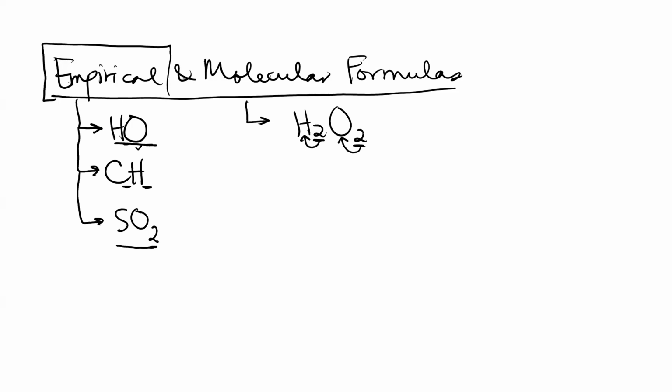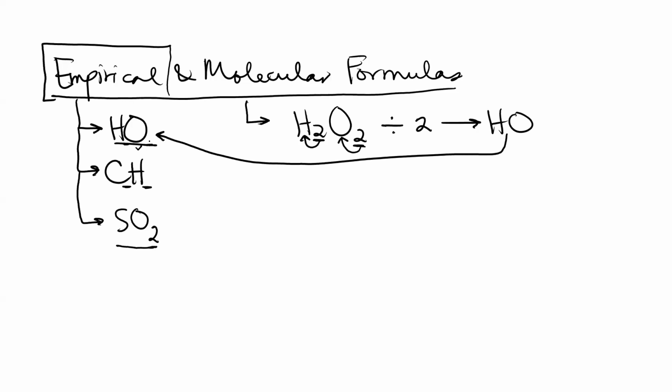And because you have 2 as the subscripts of your hydrogen and oxygen, we can divide both subscripts by 2 to get the empirical formula HO, which we have here in our previous example.